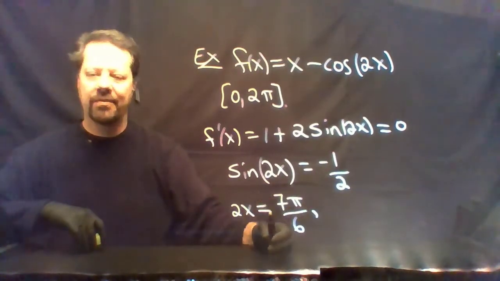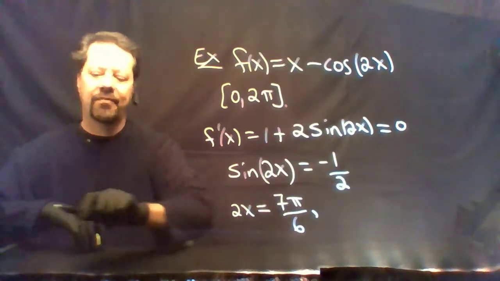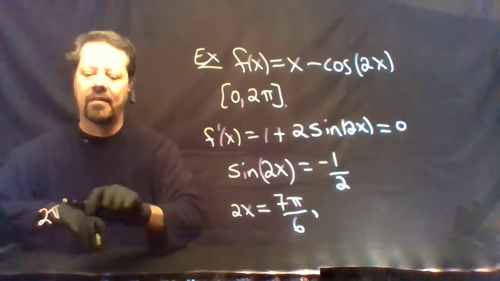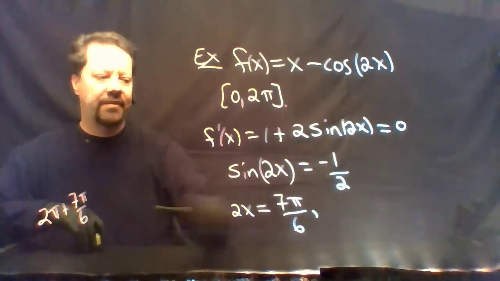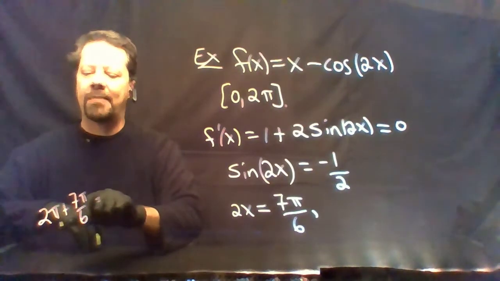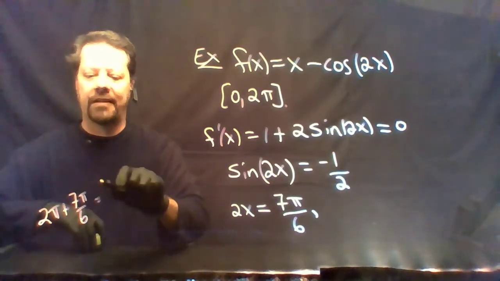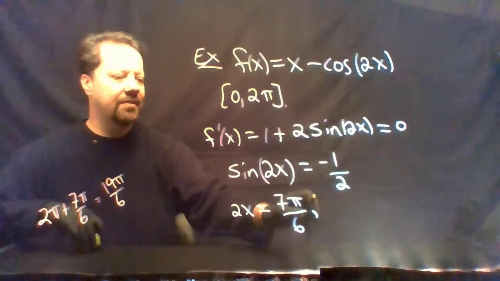Another one in quadrant 3, another way around, would be 2 pi plus 7 pi over 6. So we have 12 pi over 6 plus 7 pi over 6 is 19 pi over 6.